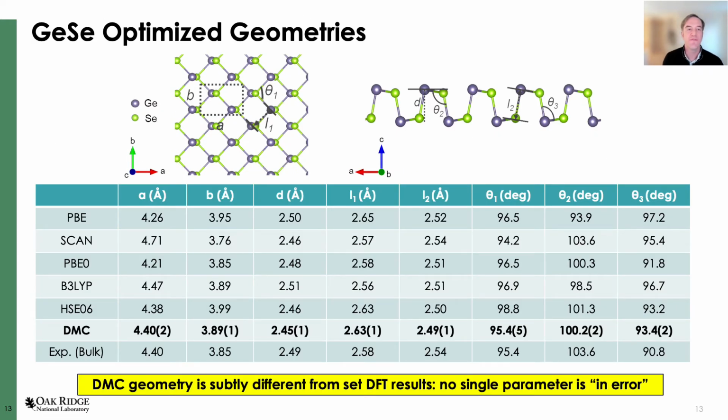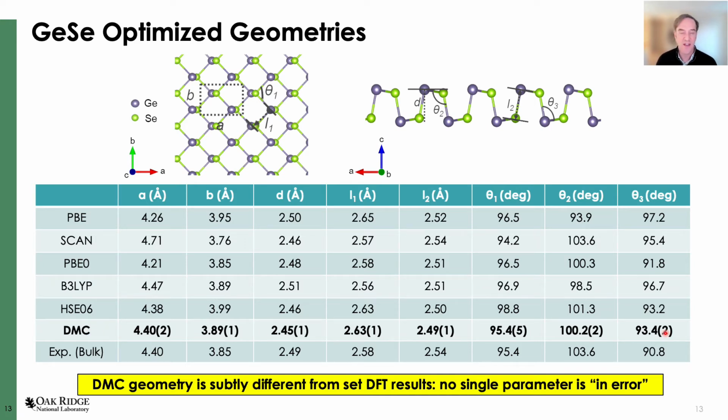So what then do we find in germanium selenide? Here again, I've got a table of results, and we have 8 different structural parameters for this material. And again, we have a menu of different density functional approximations. I hope I have everyone's favorite included here. And here we have the diffusion Monte Carlo results.